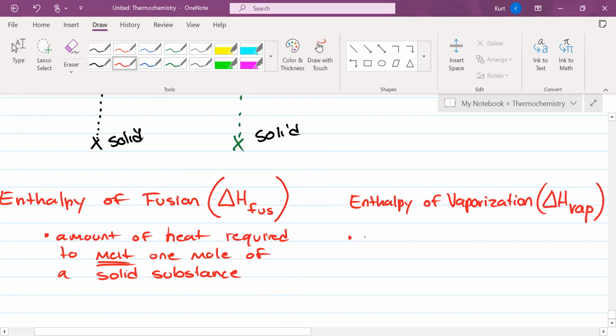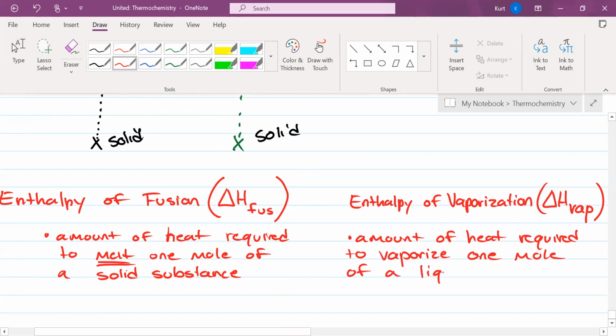Yeah. The amount of heat required to vaporize 1 mole of a liquid substance.